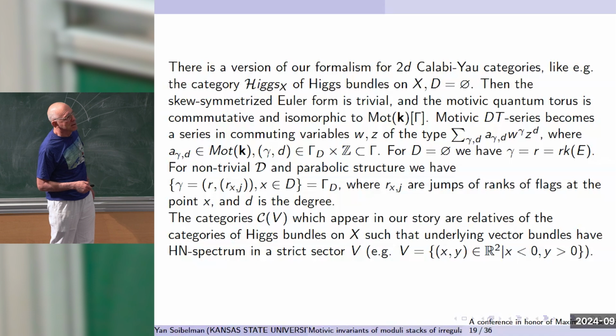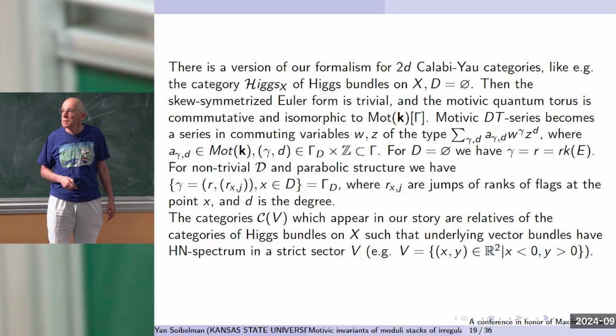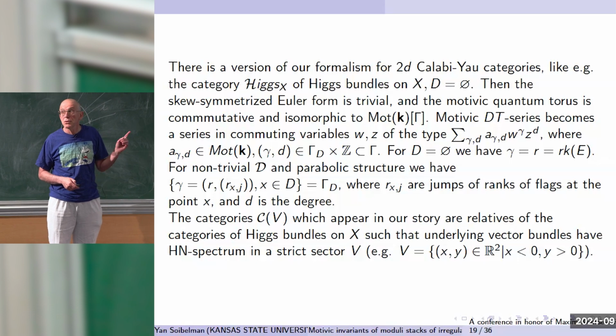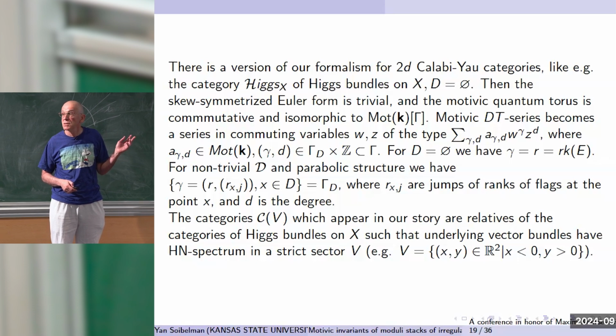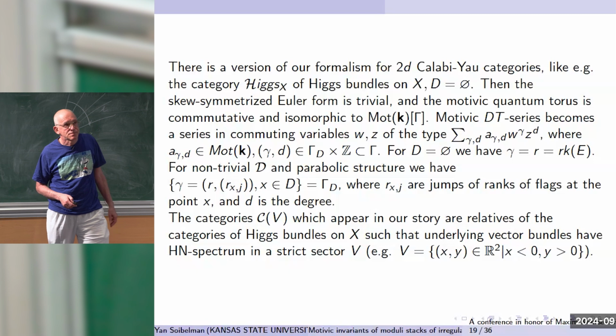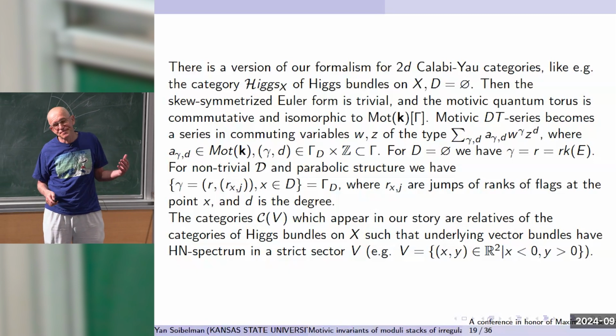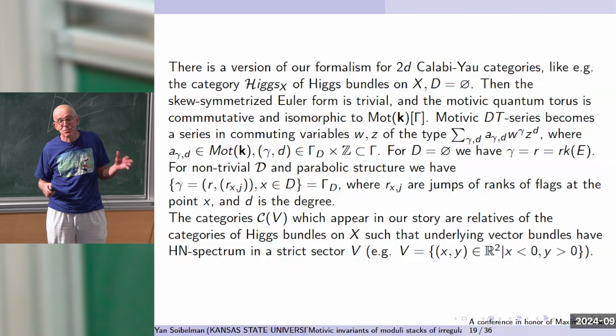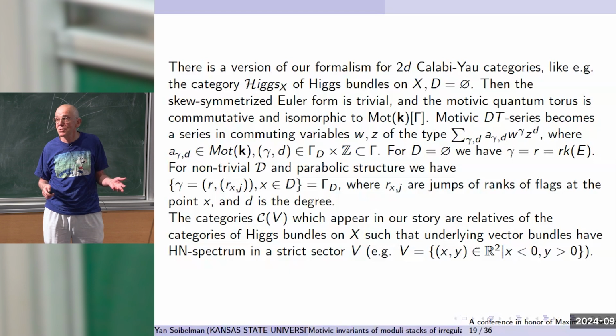Okay. When D is non-trivial, how do you get your CY3 category? I don't want to go to CY3. What I am saying is that whatever we did with 3D Calabi-Yau, I can do for 2D Calabi-Yau. It's just because your Higgs bundles are now not controlled by omega X. I am speaking about Motivic Hall algebras, not cohomological Hall algebras, which are another story.